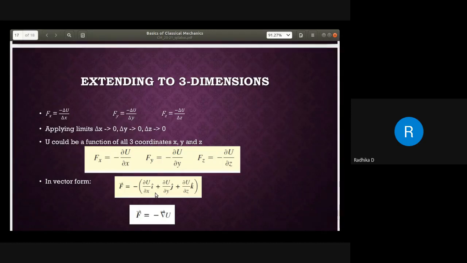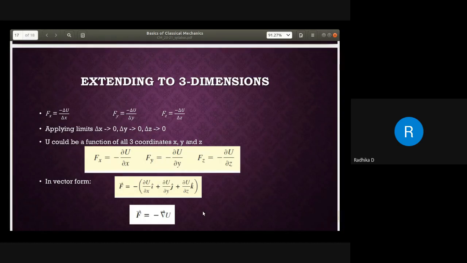That is the gradient. Or I can write F is equal to minus gradient U, or minus vector del into U. So force is the negative gradient of potential energy, a very important aspect for conservative forces.